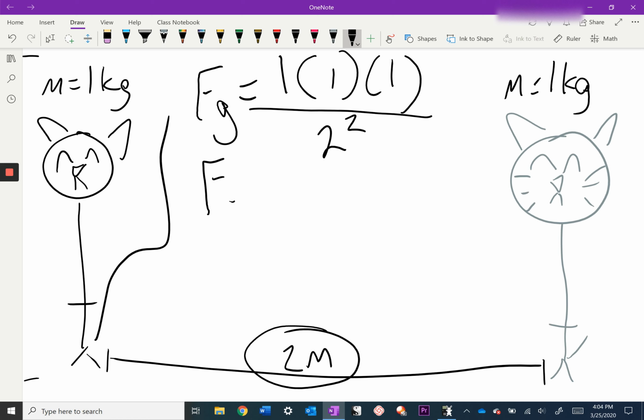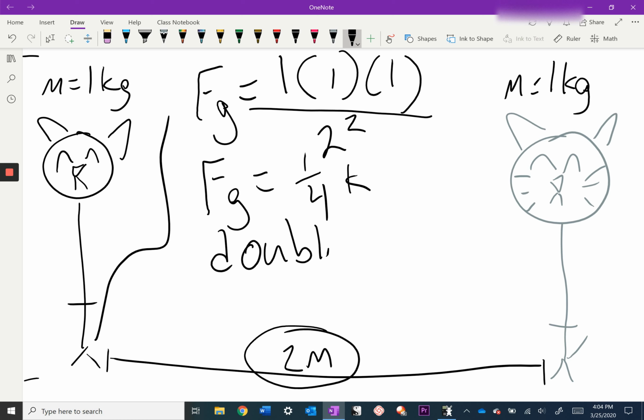That means our force of gravity is 1/4 of a kerfluffle. So doubling R gives 1/4 the force of gravity.